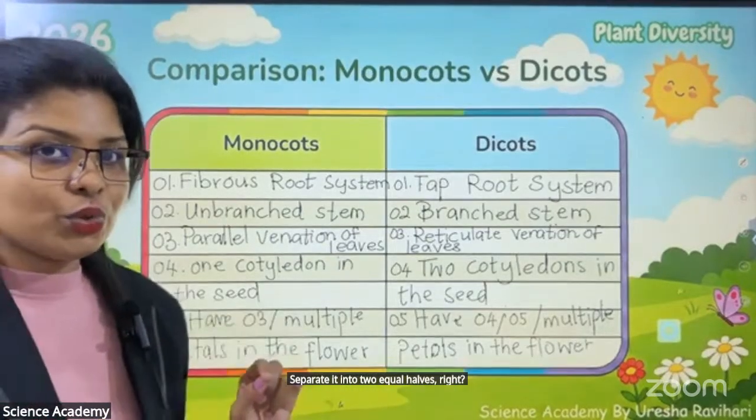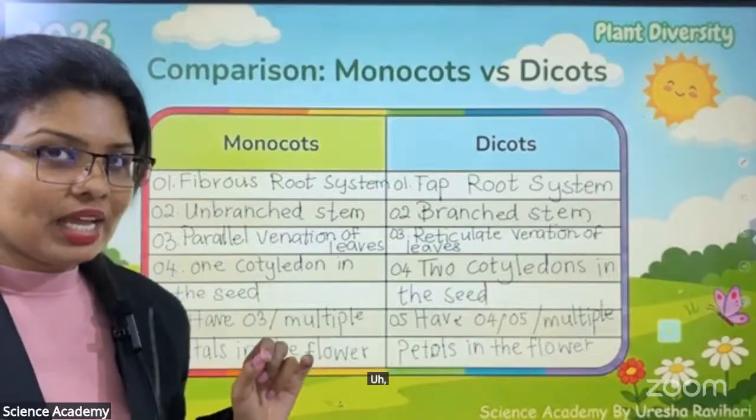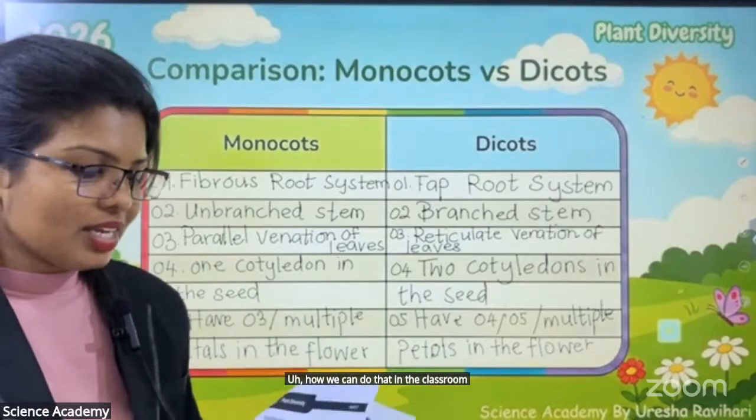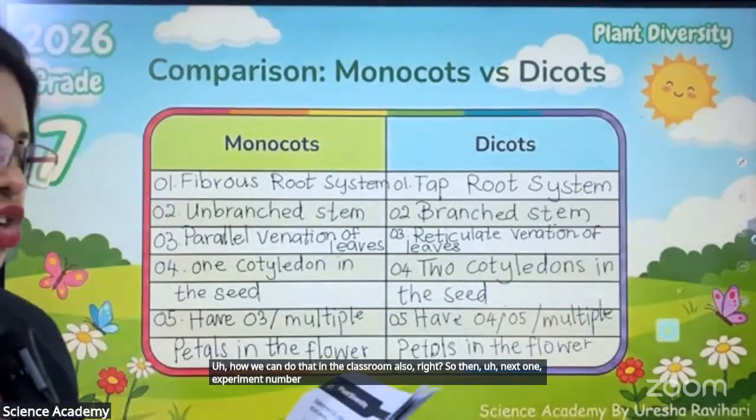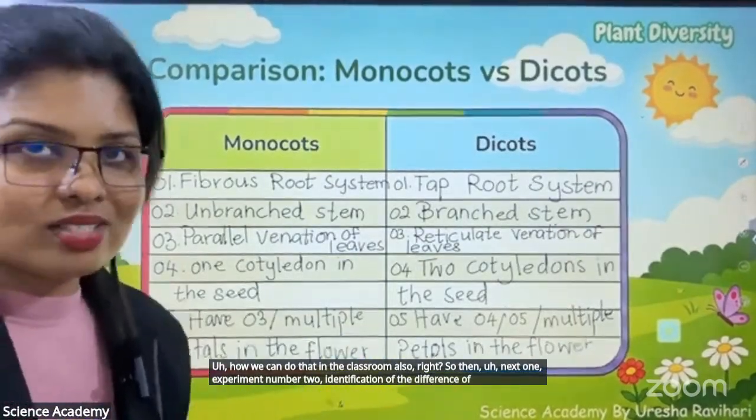I'll show you how to do that in the classroom too. Experiment number 2 is identifying the difference between monocot and dicot seeds.